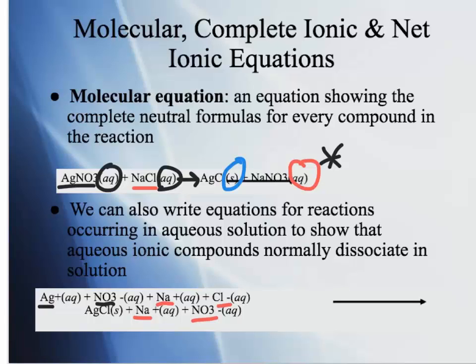So we would have to leave that one as AgCl because that one is not aqueous. It is not just free-floating ions in a solution. It is a solid that forms when this chemical reaction takes place. So this is what we call a complete ionic equation.